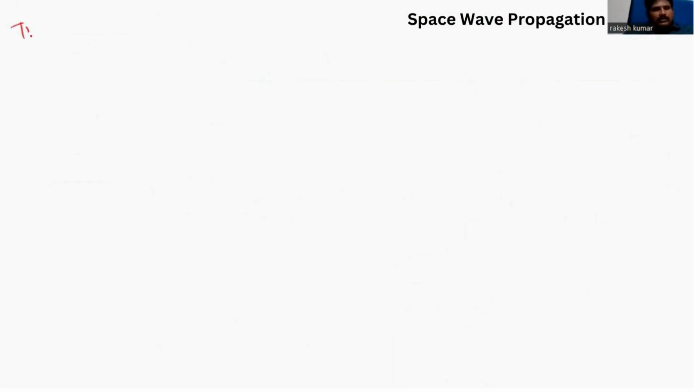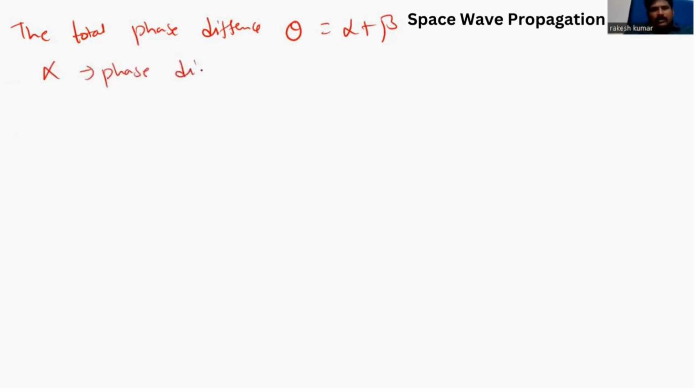So the total phase difference theta is equal to alpha plus beta, where alpha is the phase difference due to path difference, and beta is equal to 180 degrees.